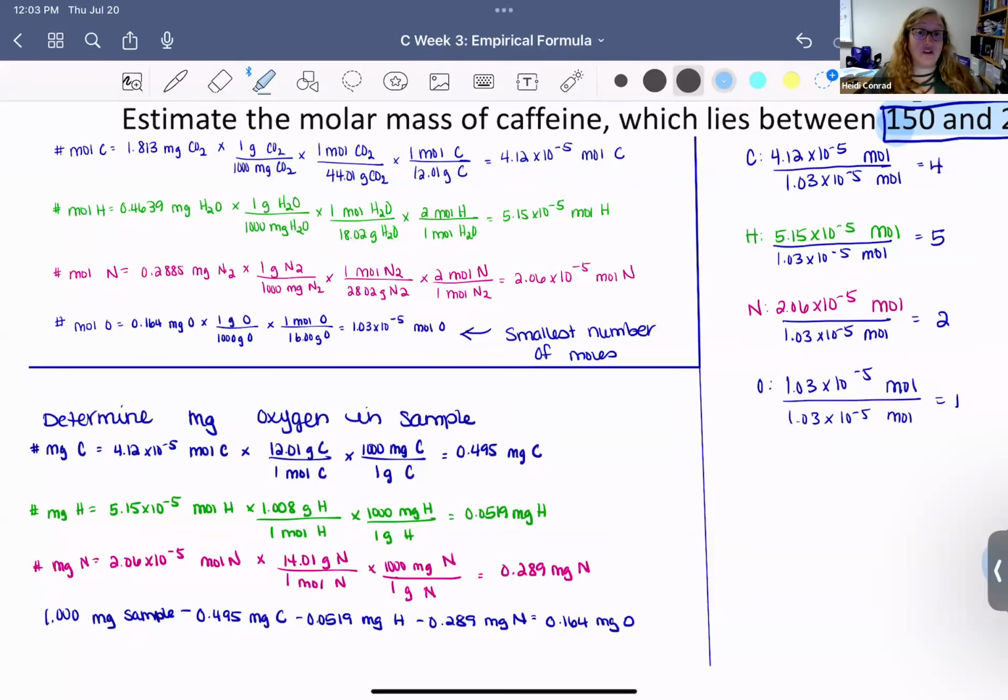So nitrogen itself, when we analyze nitrogen and collect it, we collect it as N2. It's a diatomic. Nitrogen has an atomic weight of 14.01 grams per mole, but N2 is twice that. So I had to use 28.02 grams per mole to account for the actual mass of the nitrogen gas.